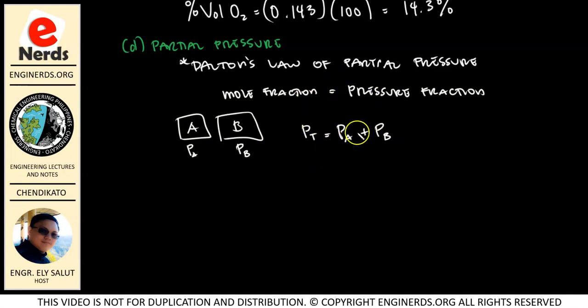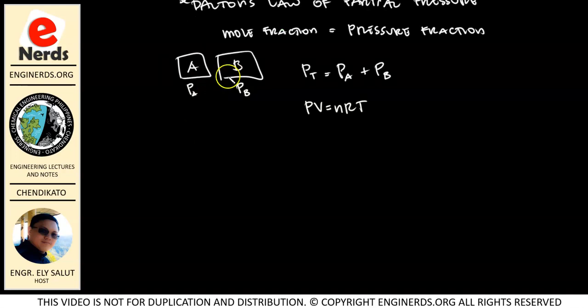So again, magbabase tayo sa ating ideal gas equation, which is PV is equal to nRT. So if we are now referring again to our component A, our gas A, ang partial pressure ng ating gas A at constant volume is equal to the number of moles of our gas A times RT over V at constant temperature, no? Ganun din sa ating component B. It will be the number of moles of B times RT over V.